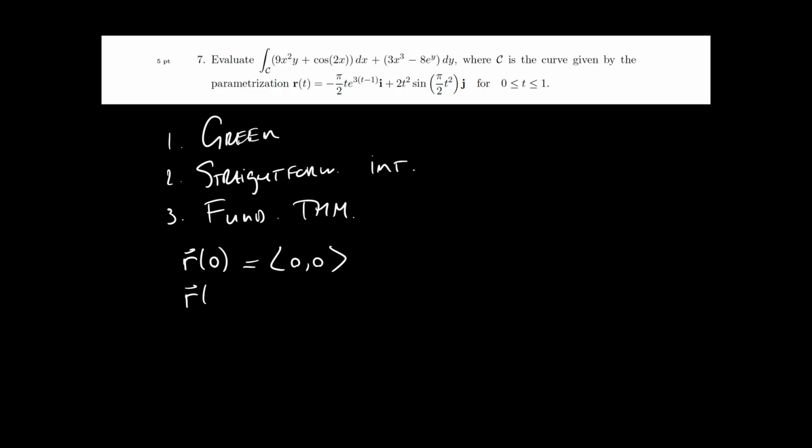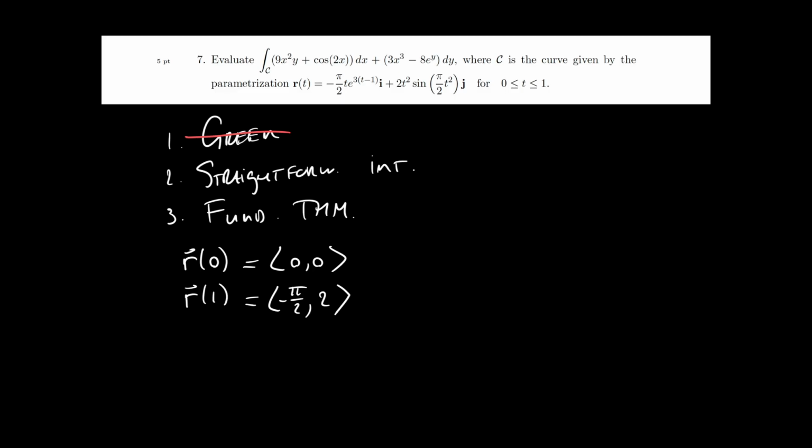And the end point, when t is equal to 1: the x component is going to be minus pi over 2 times 1 times e to the power 0. That's also 1, so it's minus pi over 2. And the y component is going to be 2 times 1 times the sine of pi over 2, which is 1, so that's 2. So that's nice, because now we see that this curve is not a closed curve. The start point and the end point are not coinciding. So we can rule out Green's theorem, because that only works for closed curves.